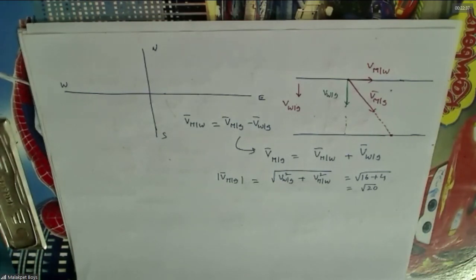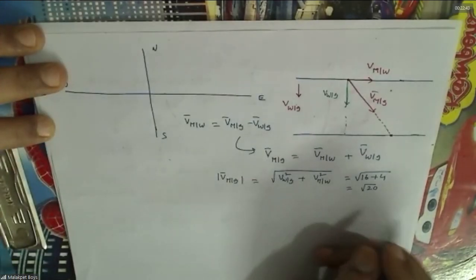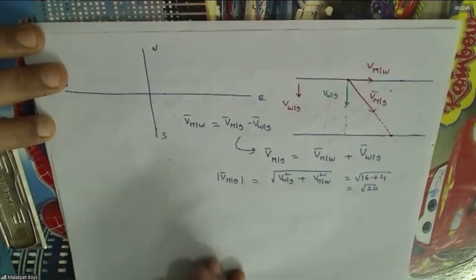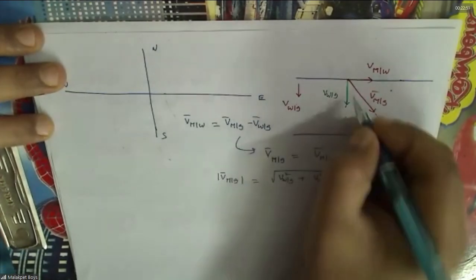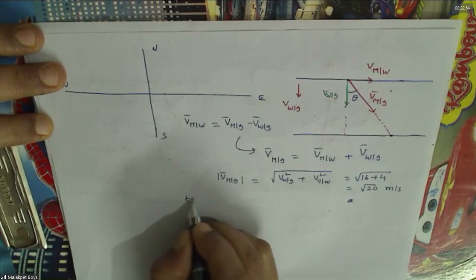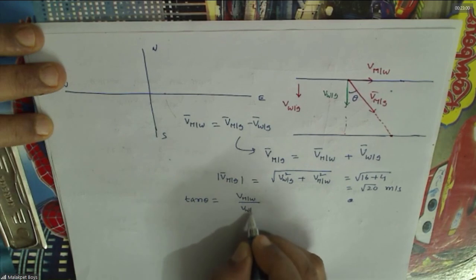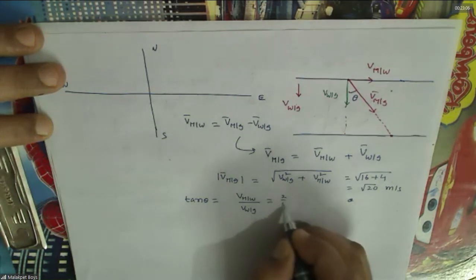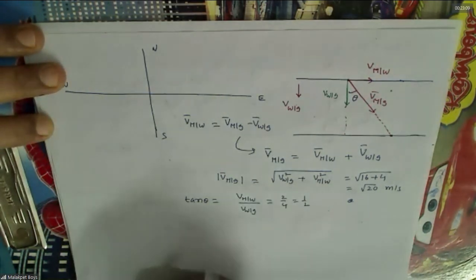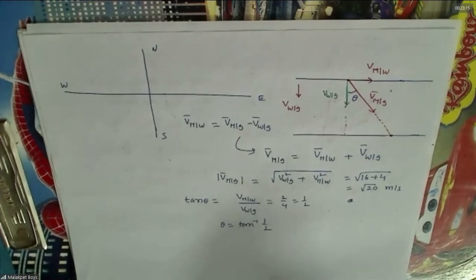It comes around 4.5. No, I think 2 root 5. Okay, we'll give you like this. Direction unit, this is theta. This is 2 by 4. Clear? Yes, sir. With reverse flow.